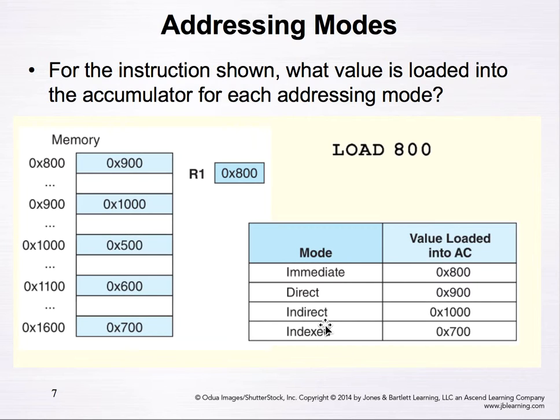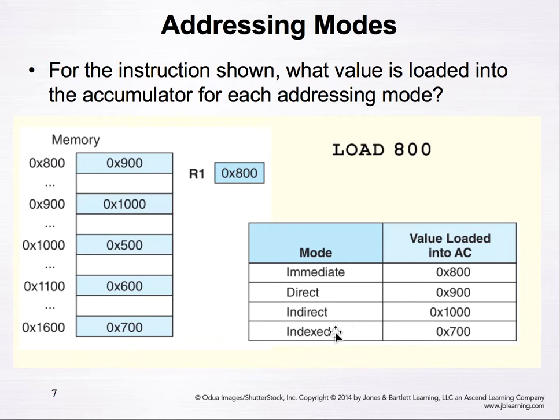The load 800 is like the pointer where we go to the address 800 and find the content of this one, which points to the next address, that's 900. We access the address at 900 to load the content in there into the AC. So the value of 1000 will be loaded into the AC in the indirect addressing mode.